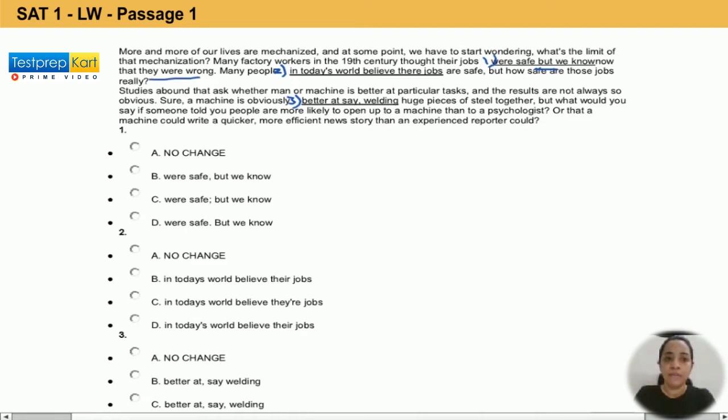Then we have this conjunction, but we know now that they were wrong. So first question is dealing with contrast, where you have the first part, they thought they were safe, so that's the X part. Then we have a contradiction expressed with this conjunction but, and then the Y part comes, that they were wrong. They thought they were safe, but they were wrong.